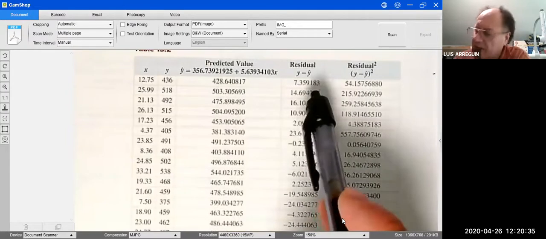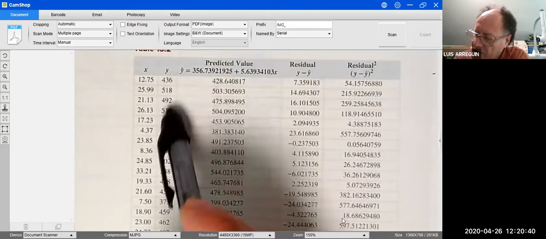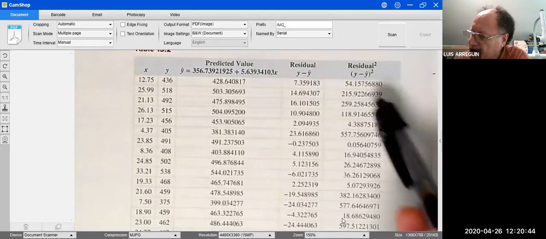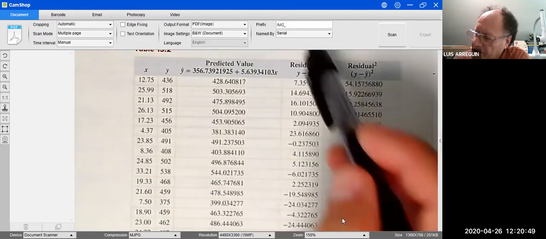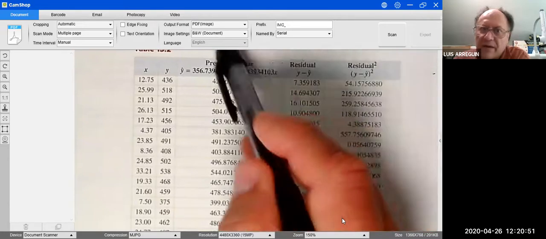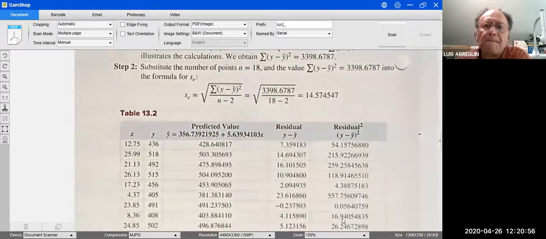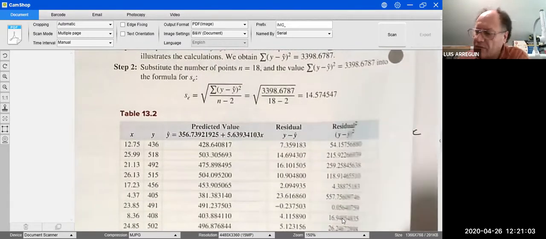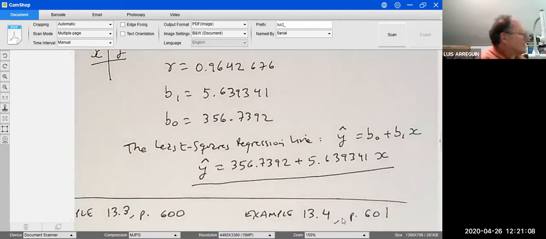Then you subtract the predicted value and the observed value, the response that you observe from the experiment. And then you need to do more things. You need to take the squares, and the sum is going to be part of the problem. And you need to use this formula over here to find the residual standard deviation. So it's a lot of work if you do this by hand. So we're going to use R again, and we're going to use the formula that I gave you before.